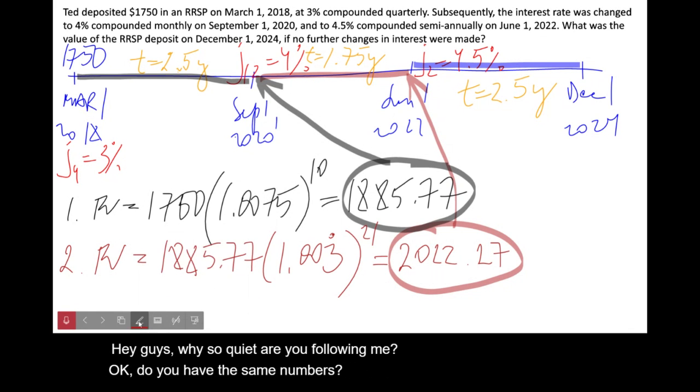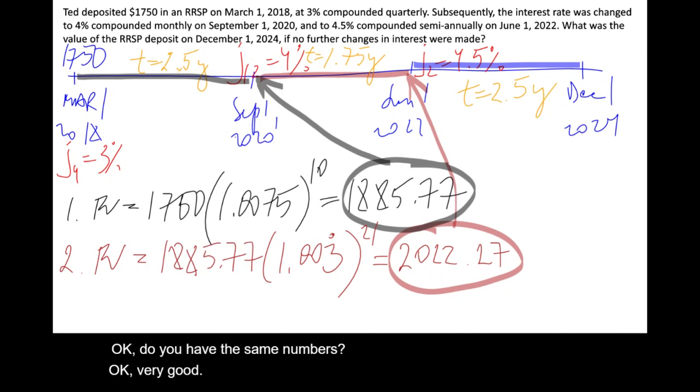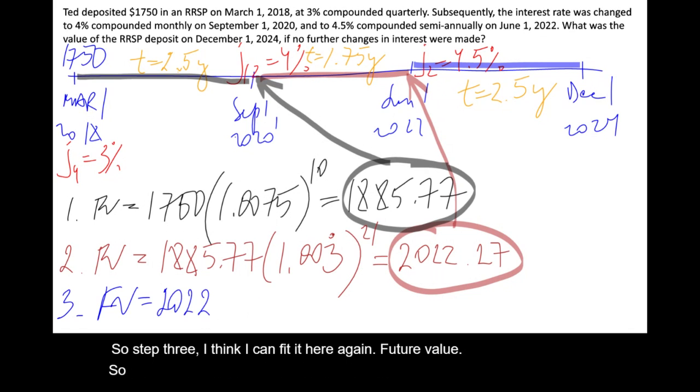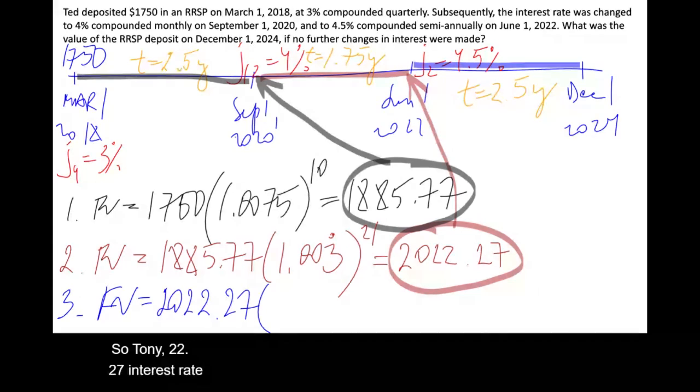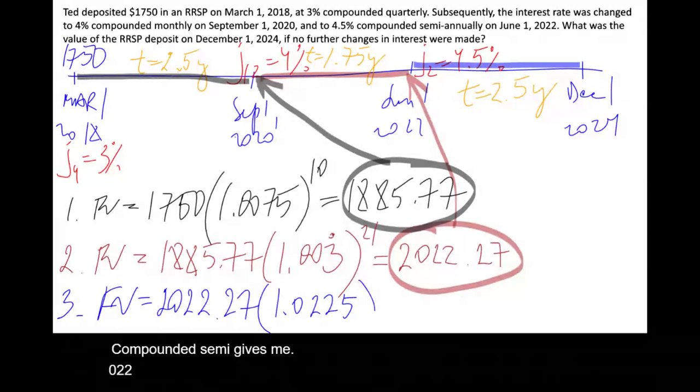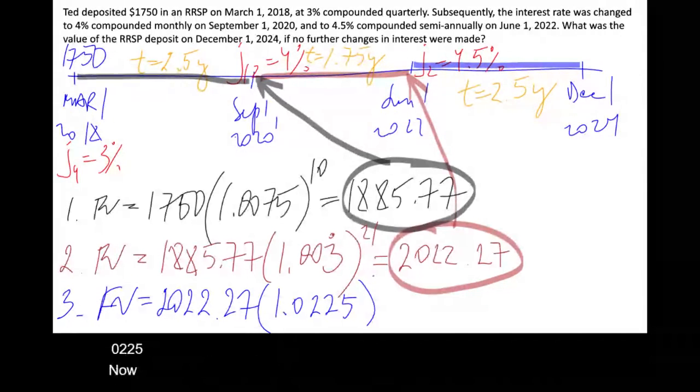Okay, very good. So step 3, I think I can fit it here. Again, future value. So 2,022.27. Interest rate 4.5, compounded semi-annually. It gives me 0.225. Now semi-annually it's 5.